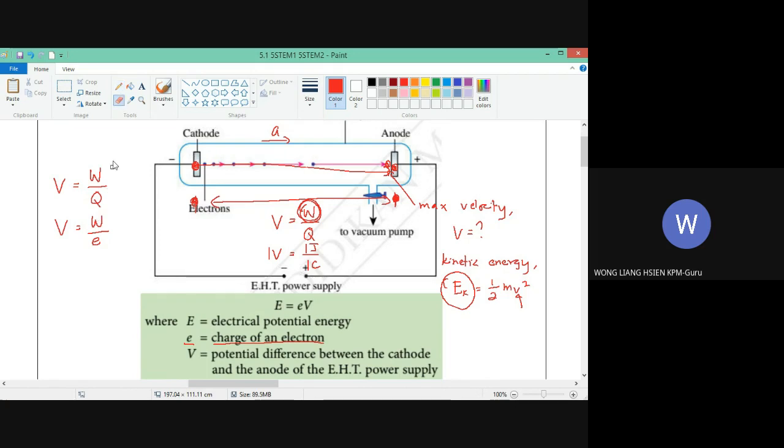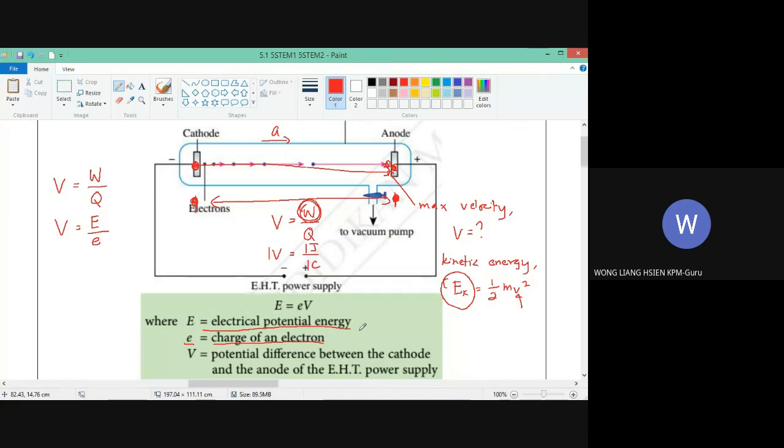So we can substitute this W with the symbol E to represent the electrical potential energy that acts on the electron. This electrical potential energy actually means the energy in the potential difference between the cathode and the anode.